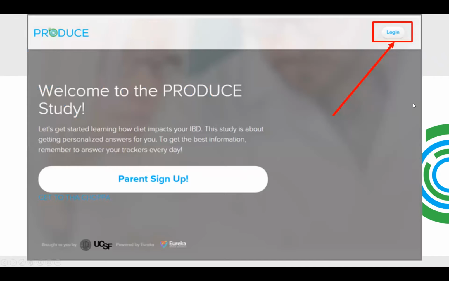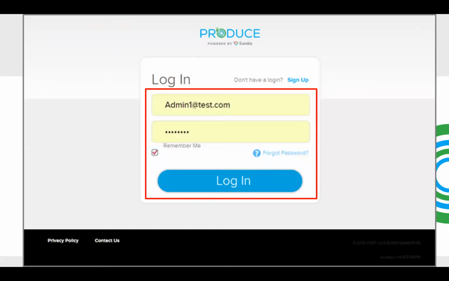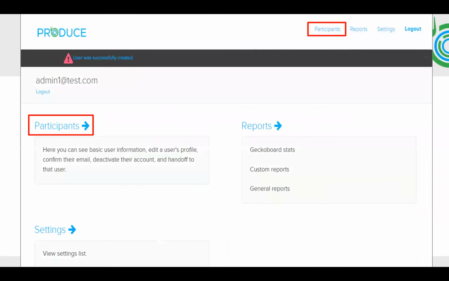So if you're going to access the results directly on the Eureka panel, not on the Stage version, but the live production version of the Eureka panel, first you'll just log in as typical. And then you'll look under the Participants tab, which you can access either at the top or in the middle of the screen.